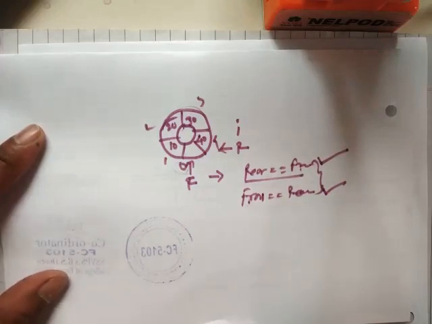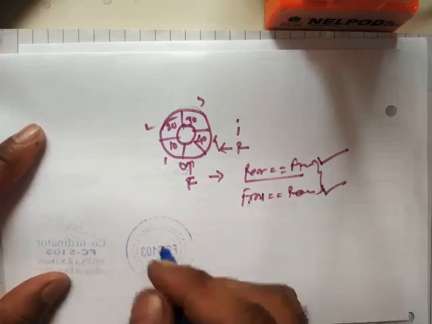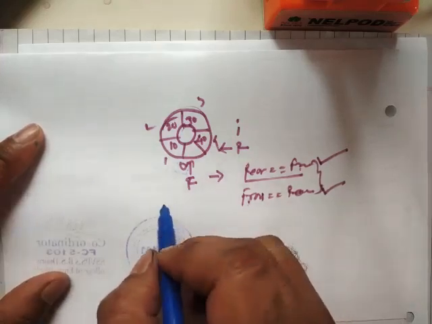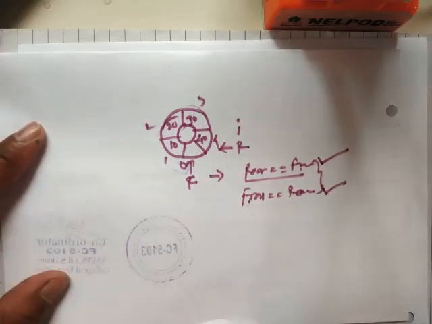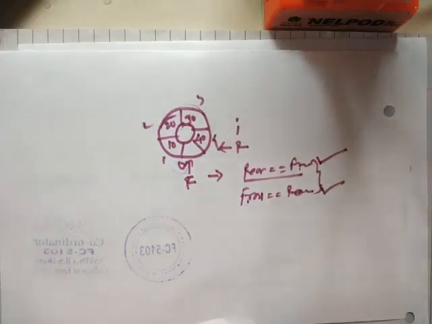So this ambiguity we are going to overcome in circular queue with tag. Okay, so let's start with the first algorithm. The basic operations that we are going to perform on circular queue with tag are: create, then add in circular queue, then delete from circular queue, then check queue full condition and queue empty condition.